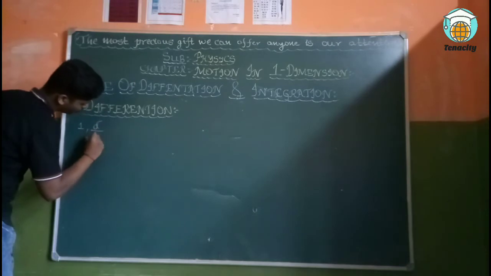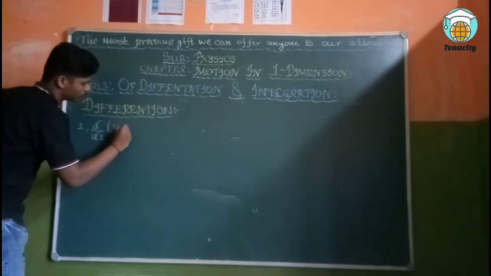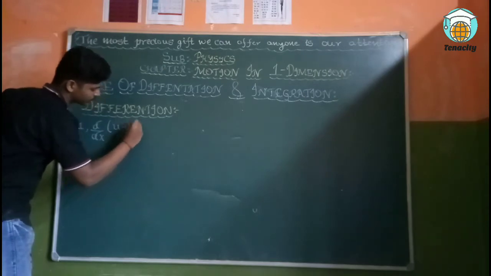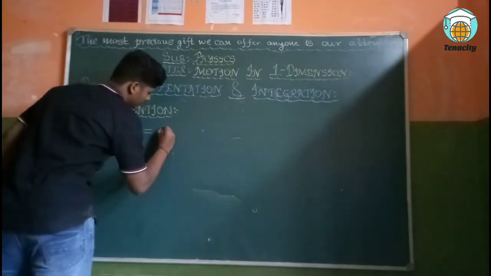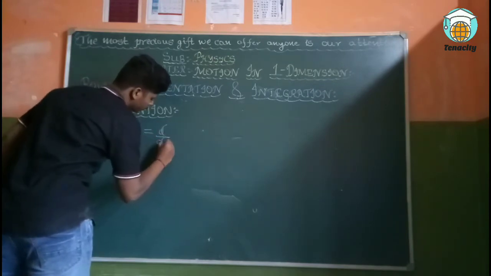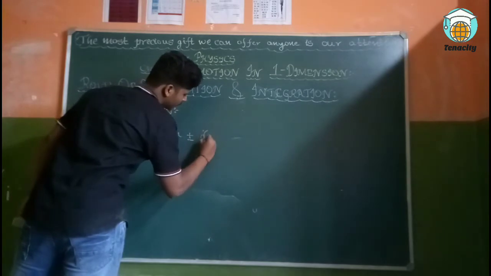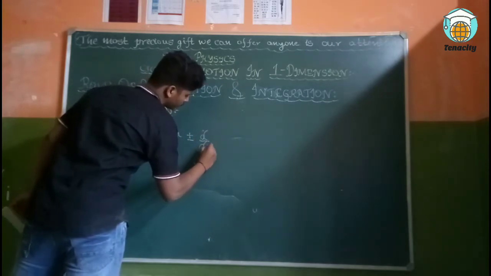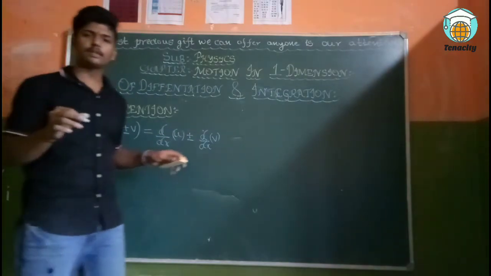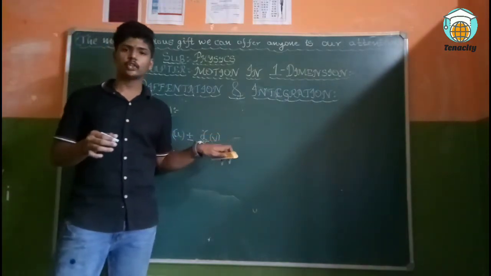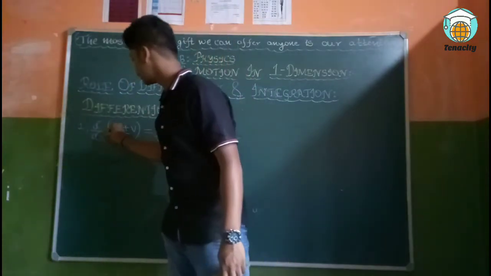d by dx of u plus or minus v is equal to d by dx of u plus or minus d by dx of v. Keep in mind that u and v should always be written in terms of x.